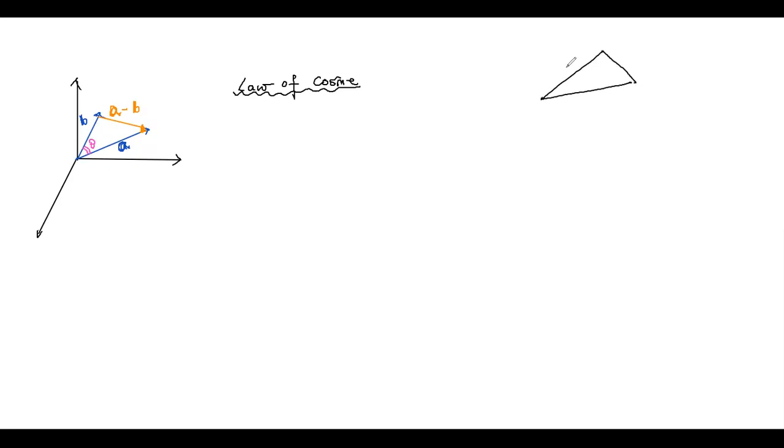If this is triangle A, B, C, and this angle faces side A, this one faces side B, this one faces side C, so if you want to find the angle B, the law of cosines is what?